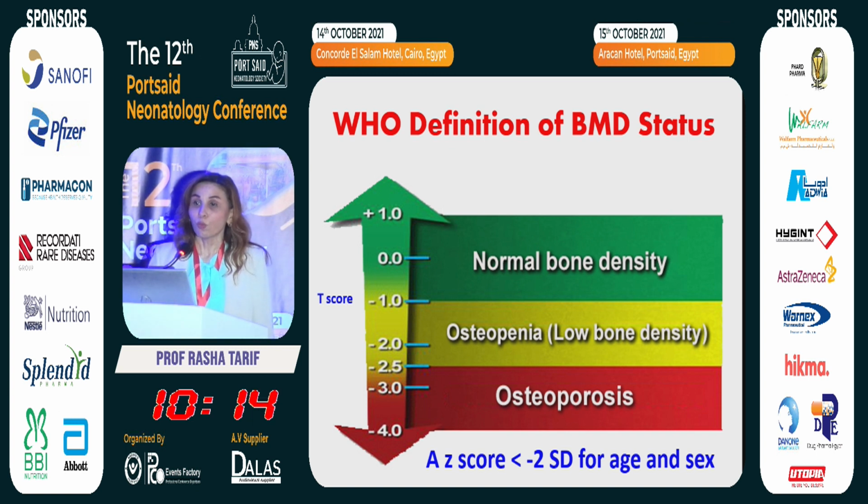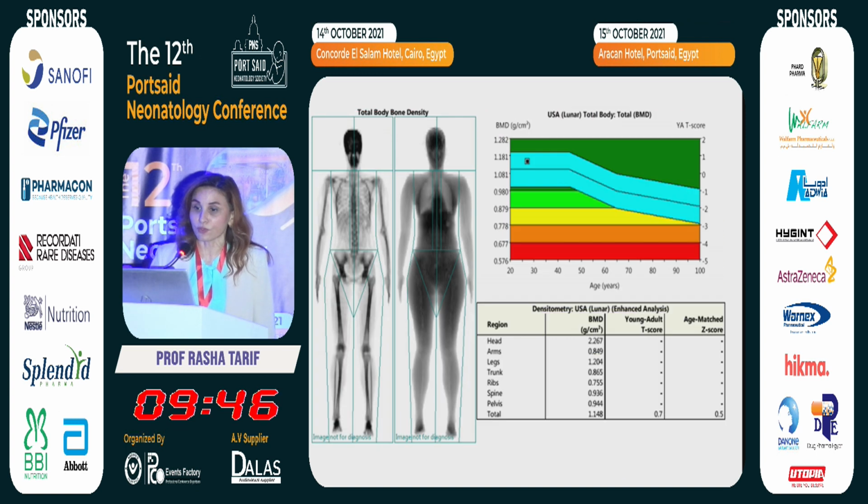In children, we rely on the Z score. If the Z score is less than -2 standard deviations, this is low bone mineral density. In young adults and in adults, we rely on the T score. If the T score is between -1 and +1, this is normal. -1 to -2.5, this is osteopenia. And less than -2.5, this is osteoporosis.